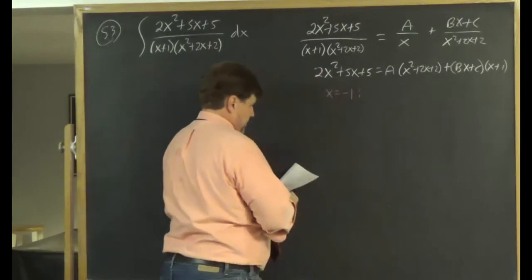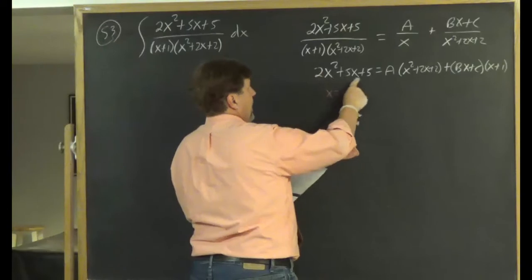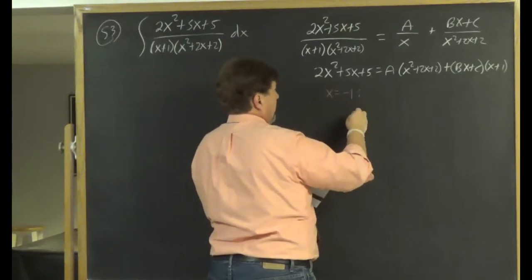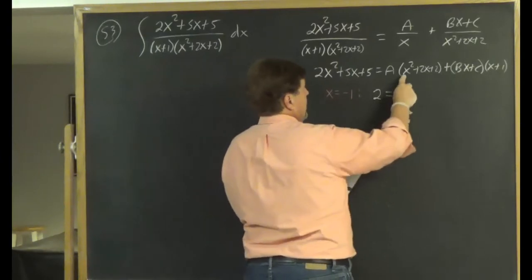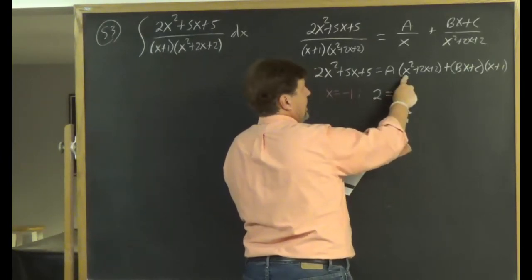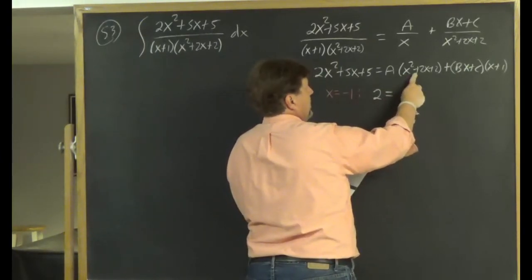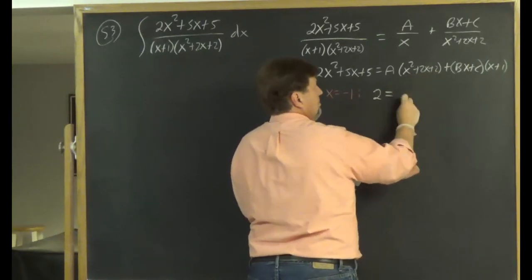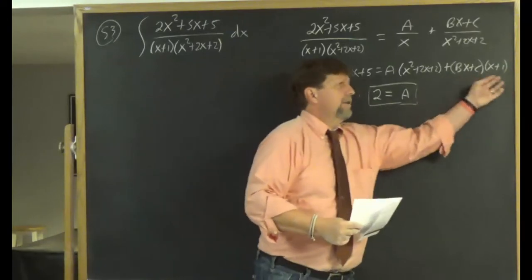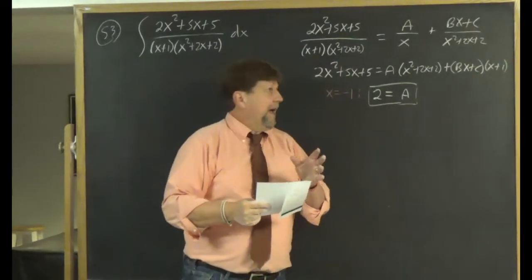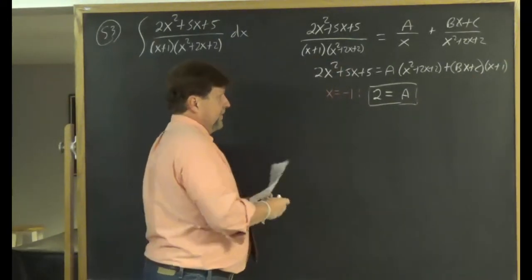So let's see, when you put -1 in here for x, what do you get, a 2? And here, let's see what we get, 1 plus -2 plus, wow, that wasn't bad. This factor would be 0. That wasn't bad. We immediately have a is 2.